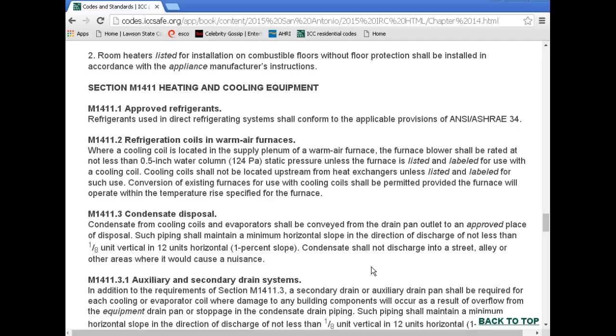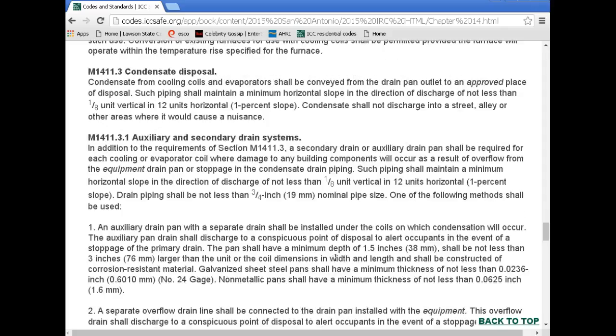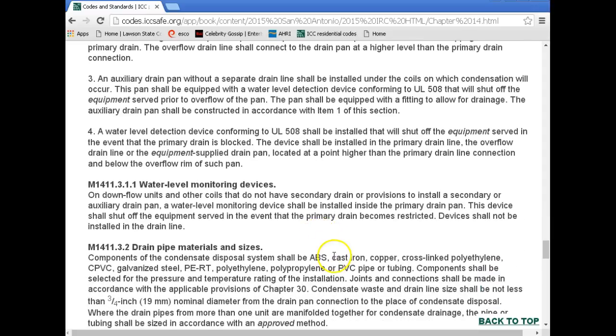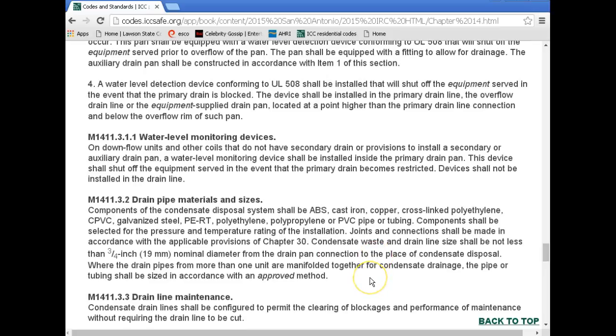Okay, drain materials. All right, so let's look at 14.11.3.2, I guess, still. Is that, yep, drain pipe. Not less than 3/4 of an inch.